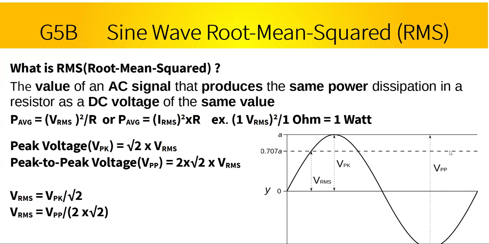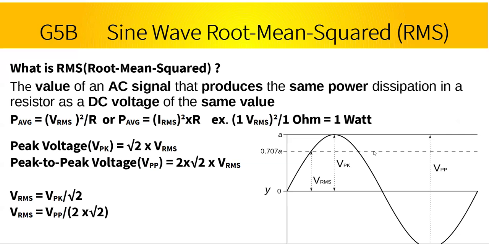That's what happens when you do the square under the square root. You make them both positive. And then you clip the top off enough to fill in these voids. So you get the effective DC value of that AC wave.